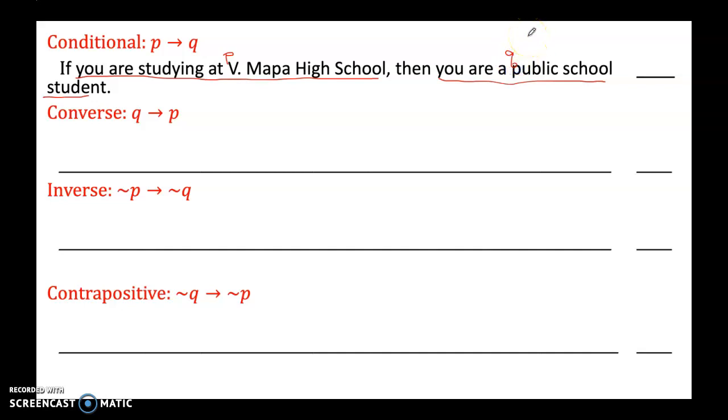To write the converse, we will have Q then P, or switching the hypothesis and the conclusion.